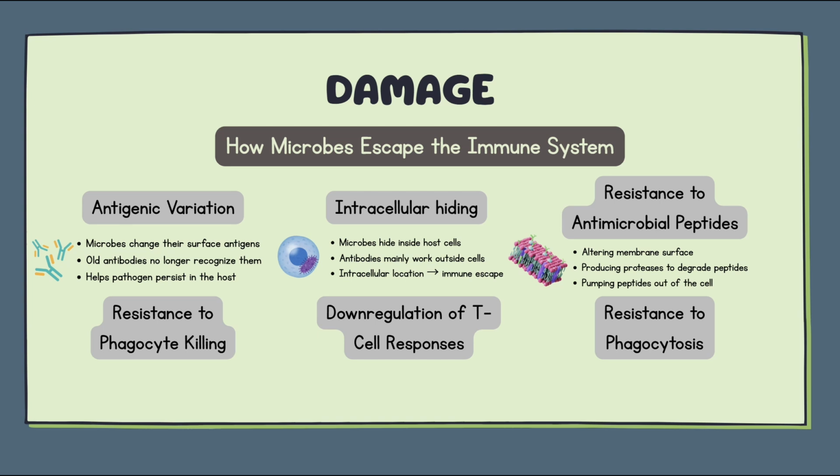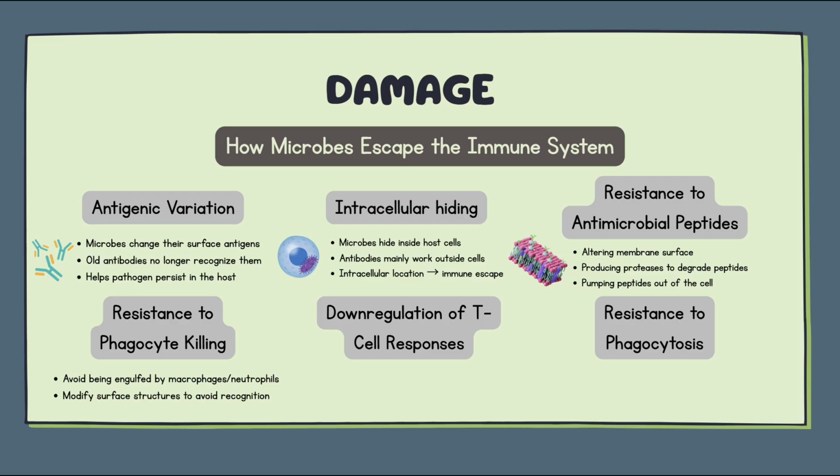The fourth way to escape the immune system is through resistance to phagocytosis. A defense mechanism that we have is phagocytosis, where immune cells like macrophages and neutrophils engulf and destroy a microbe. Some microorganisms can avoid being engulfed by modifying their surface structures, and these modifications prevent recognition or attachment by the phagocyte.